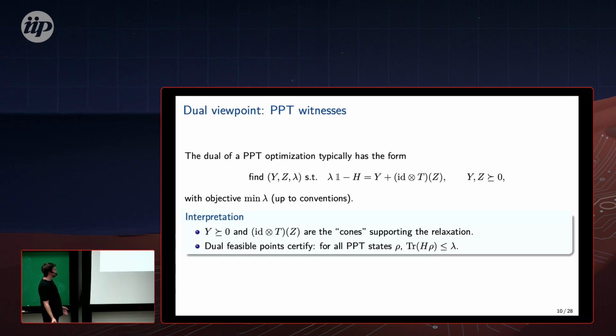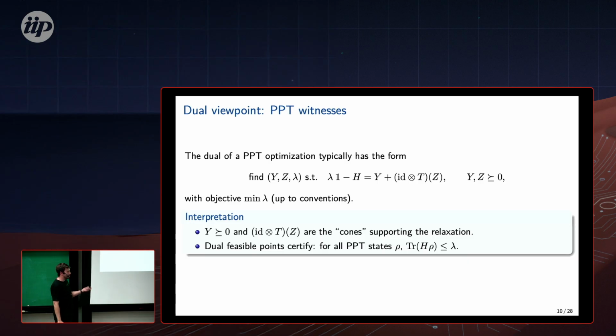And what is the nice thing, right? If you get a feasible point, you know that for all PPT states, trace H rho will be smaller or equal than lambda. So if you have any feasible point, you know that for all PPT states, this thing must hold, right?